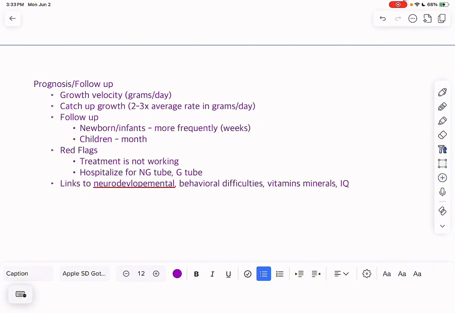So this may plague children later in life, especially if failure to thrive persists beyond 2 years of age. If we see them from birth and they're still not gaining adequate weight by 2 years of age, this can be an ominous prognostic factor in that they may have learning difficulties, neurodevelopmental concerns, and decreased IQ that might plague their future development.